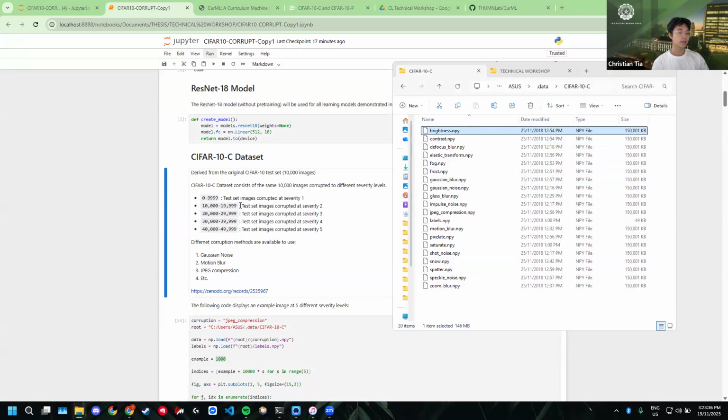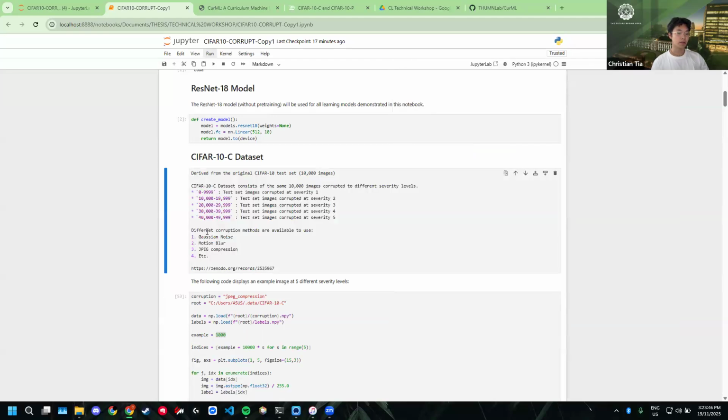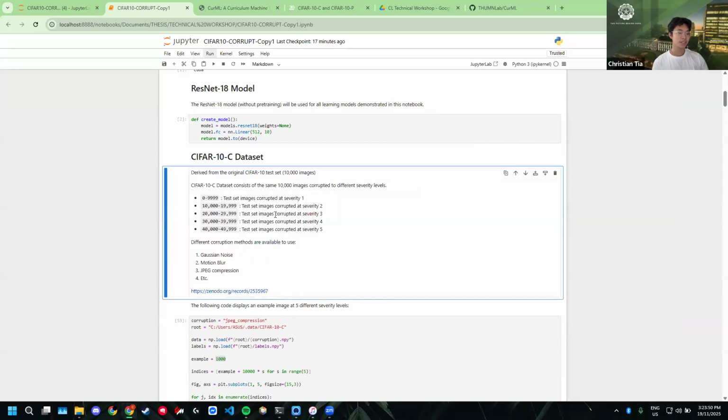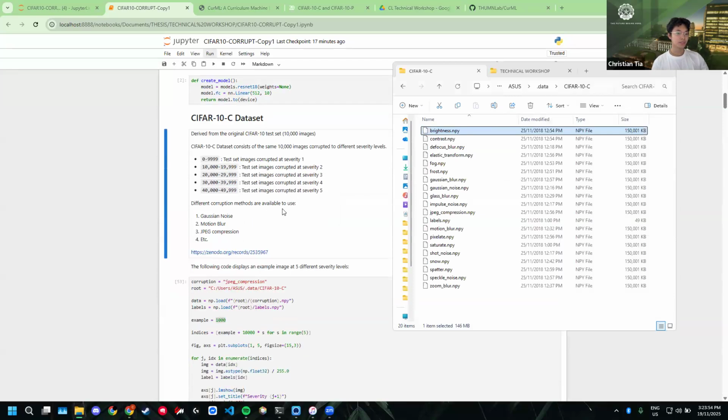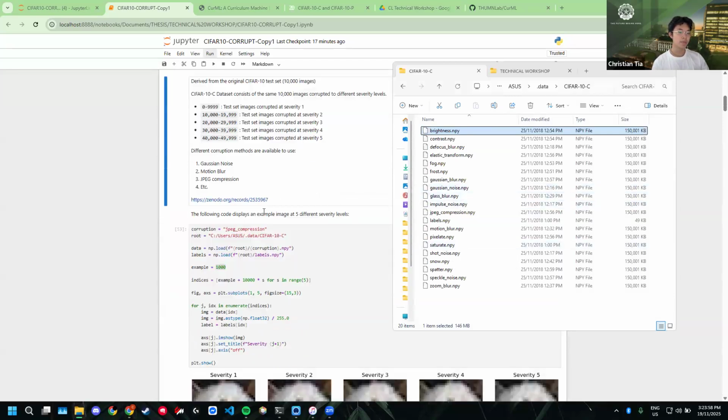And the next 40,000 would just be those same images corrupted to more severe levels. And there are different corruption methods available for us to explore here, like Gaussian noise, motion blur, JPEG compression, etc.